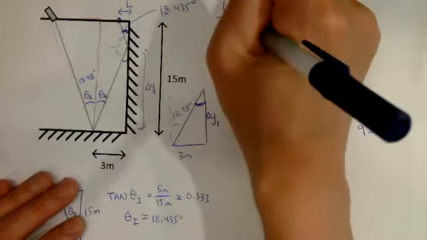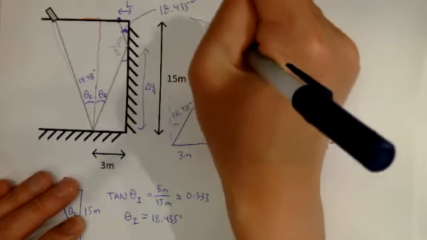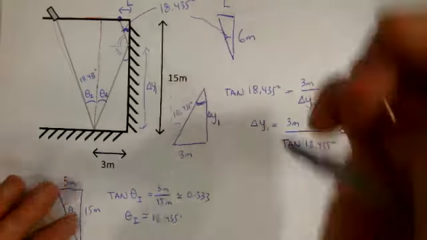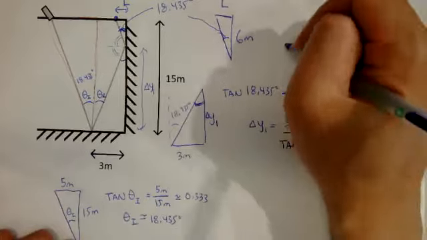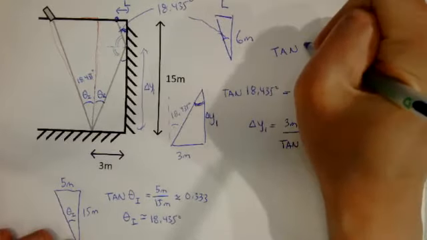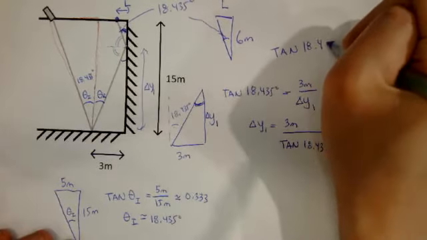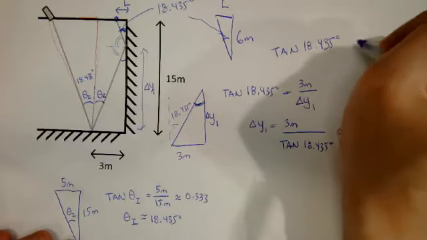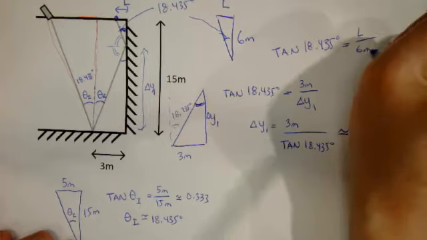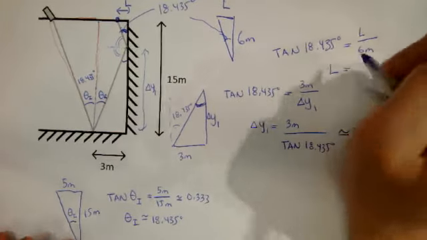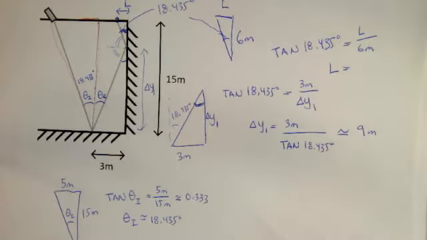So if we want to find L, well, again, we can say that tangent of 18.435 degrees is equal to L over 6 meters, or that L is going to wind up being, is this going to be 2?